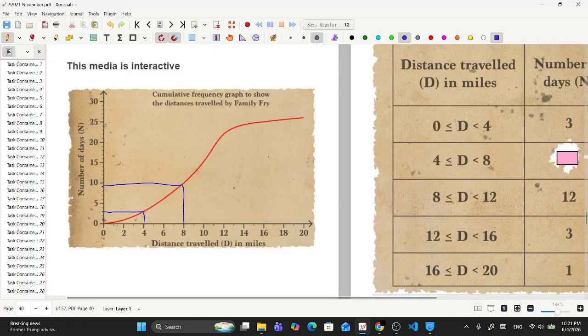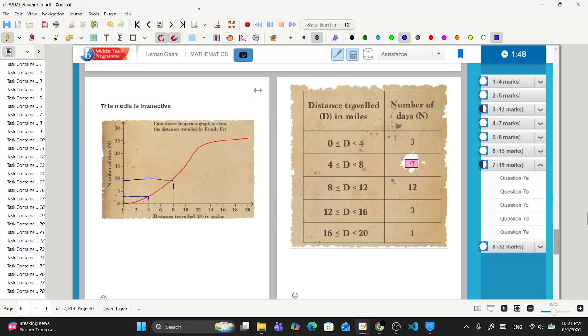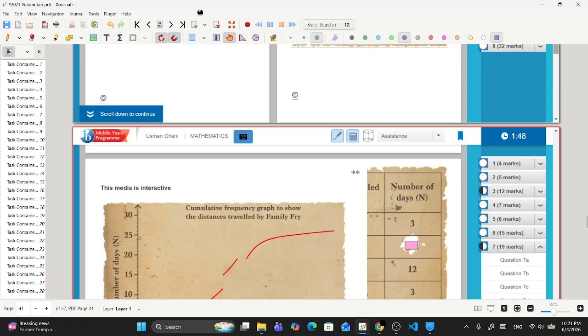It's 9, I think. It does look like it. Maybe 8. Yeah, it's 9. Okay, 9 is the right answer. I just have to zoom out, and let's go now.